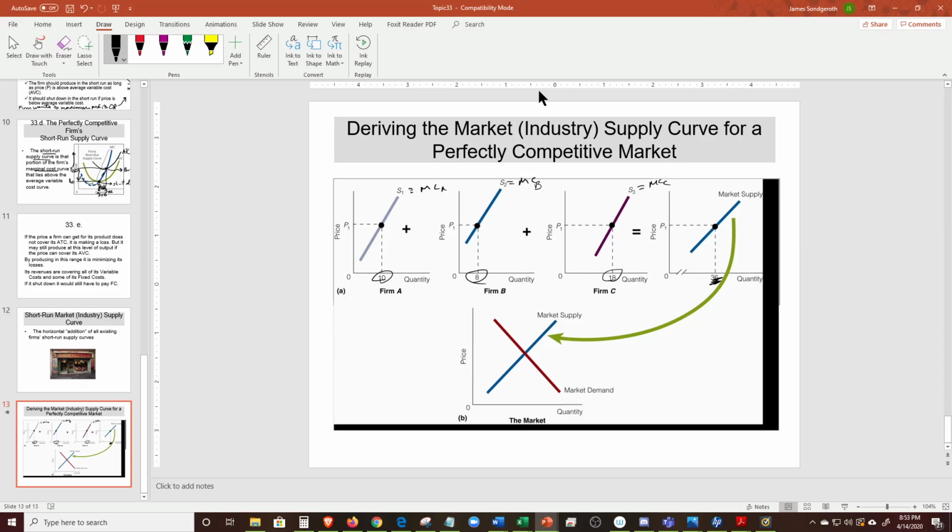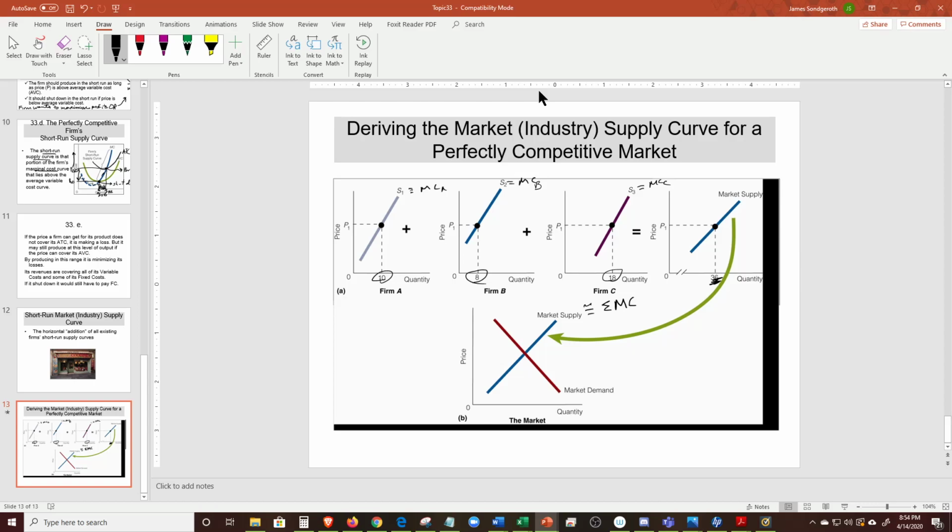So now we're back to here, and basically we've seen this several times this semester. The market supply curve then approximately equals the sum of the marginal cost curves of all the firms in the industry.